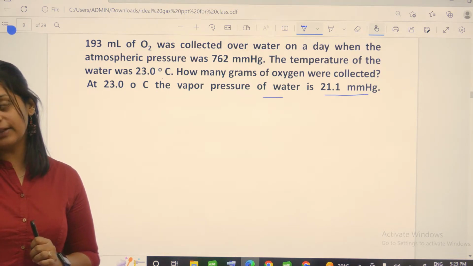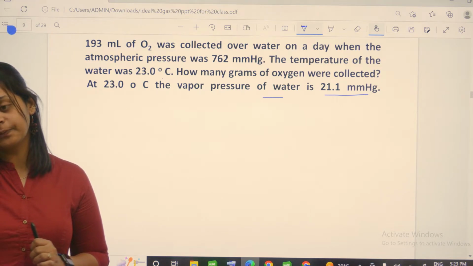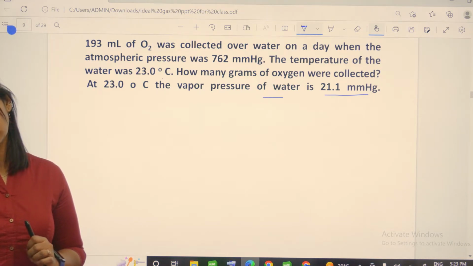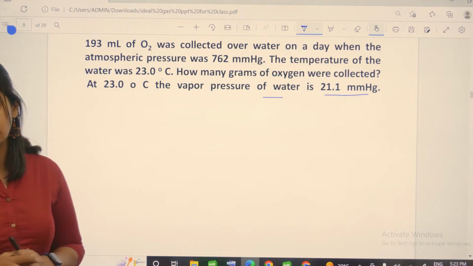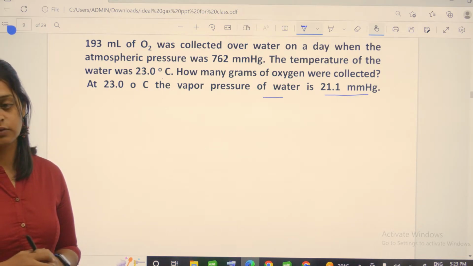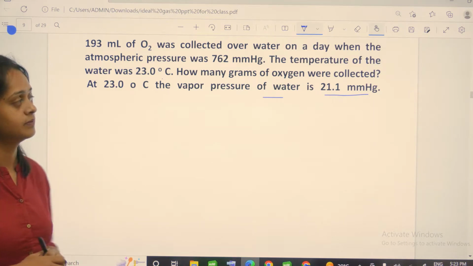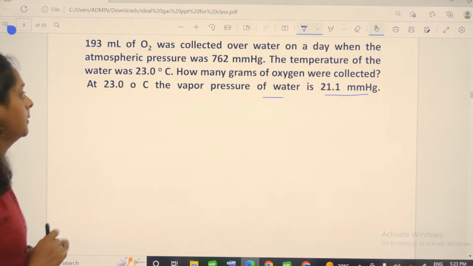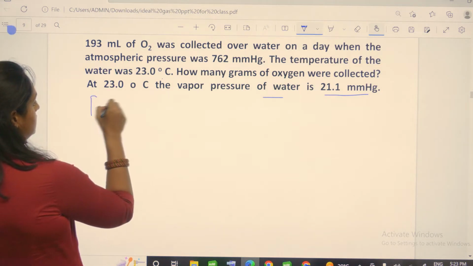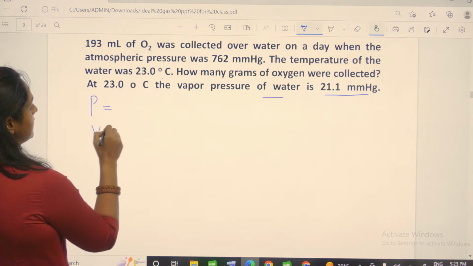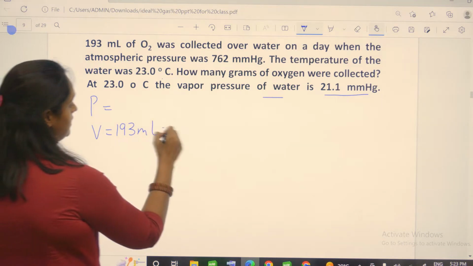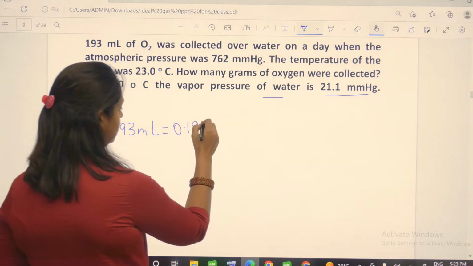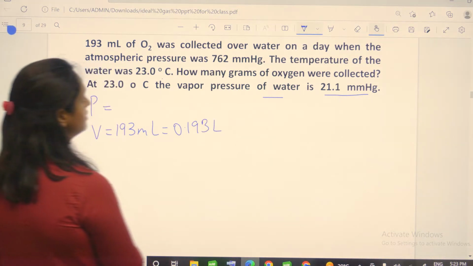I would have to convert this into atmospheric pressure. So 1 atm is equal to 760, so X would be equal to 740.9 upon 760. So pressure, I got it. Volume is given, 193 ml, so that means 0.193 liter.